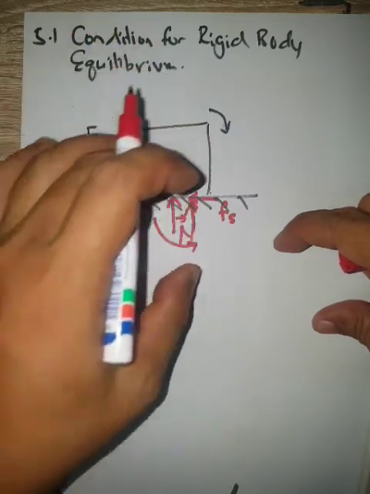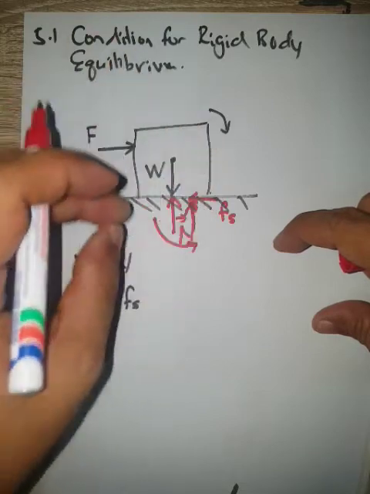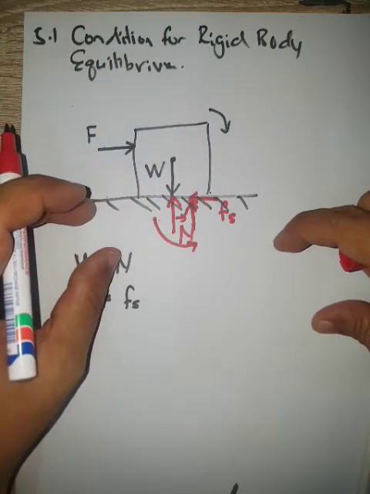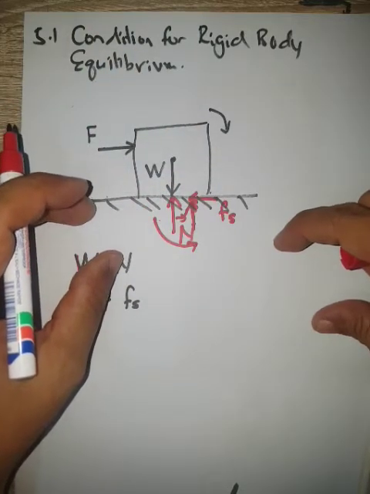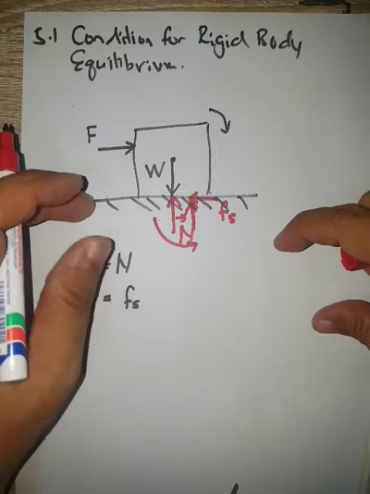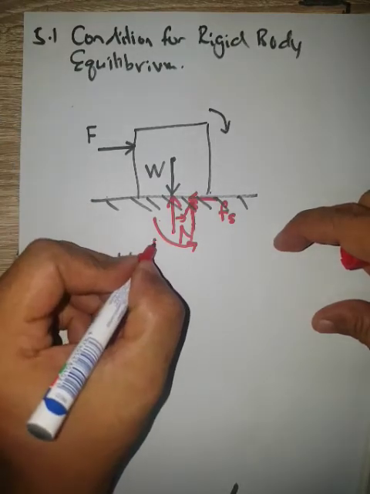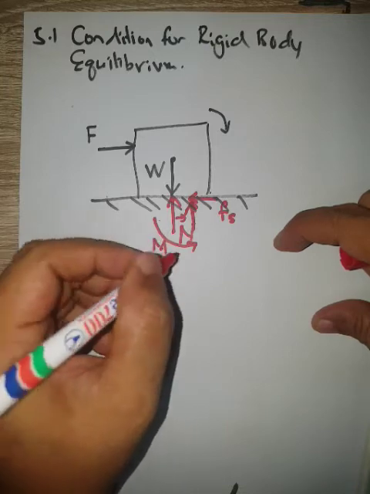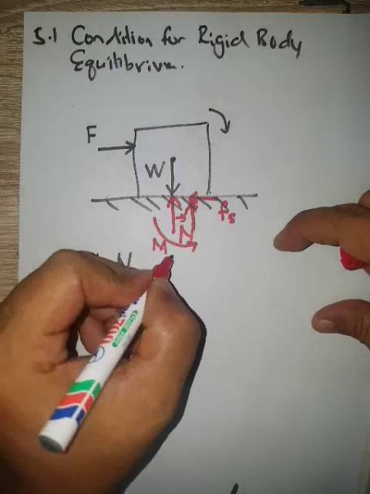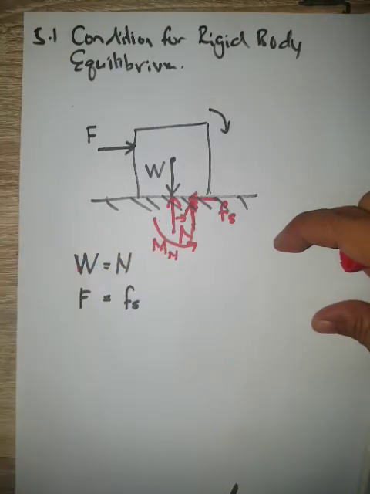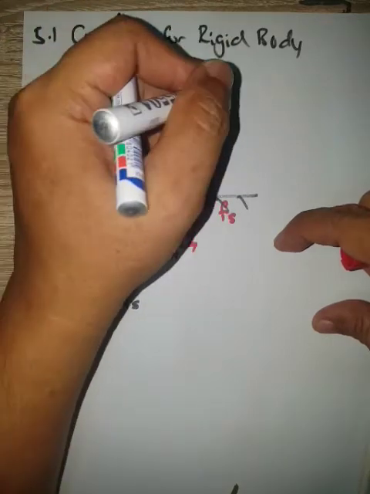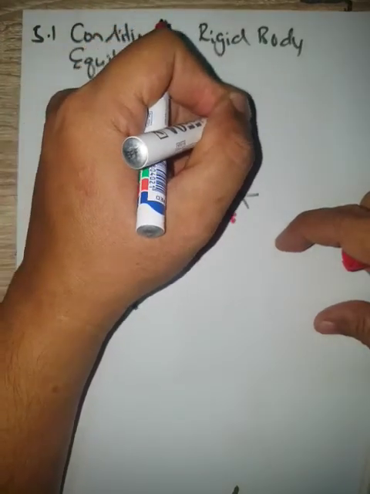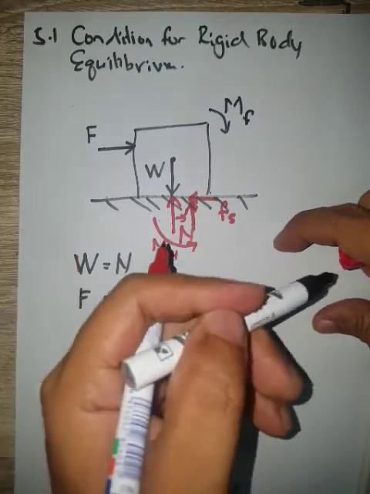We're going to study this mechanism in the chapter on friction. What I wanted to show here is this moment produced by the normal force, and this moment produced by the friction.